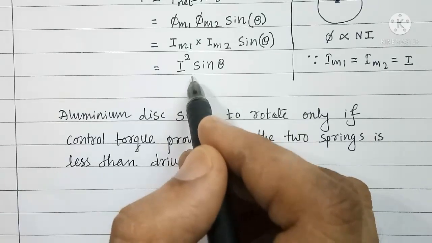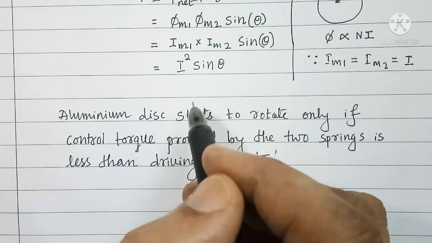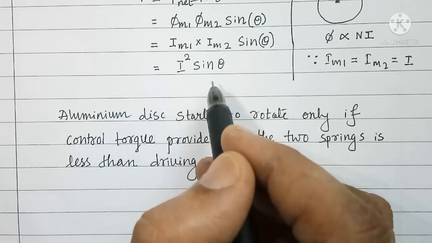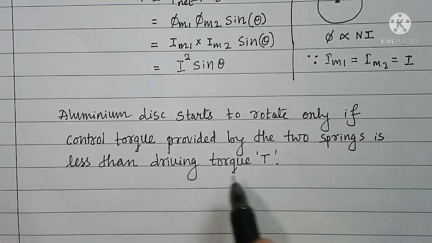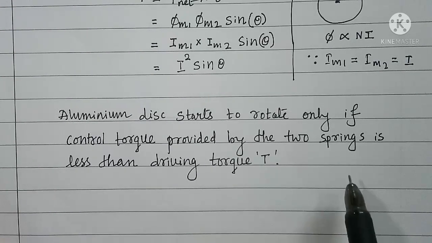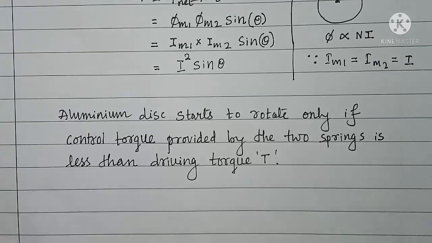And that minimum value of the current, which makes the overcurrent relay to develop driving torque that is just sufficient to drive the aluminum disc, is called as pickup current.